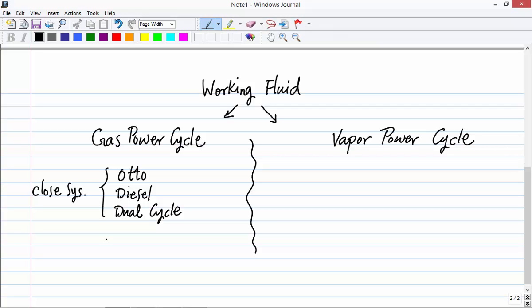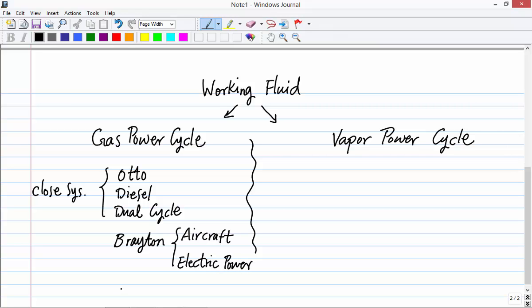And we have open systems as well, in different cycles, which are called Brayton, that we use in aircraft engines, and in electric power plants to generate electric power, right?